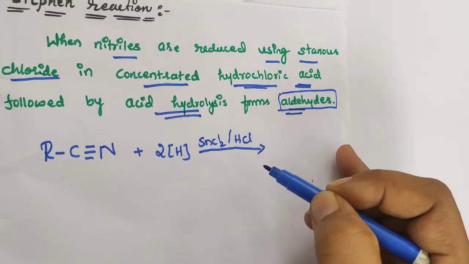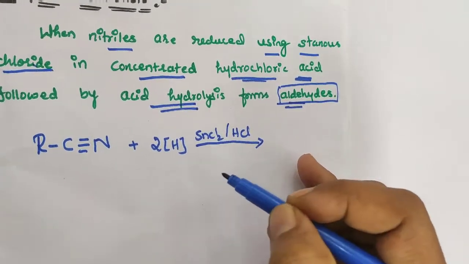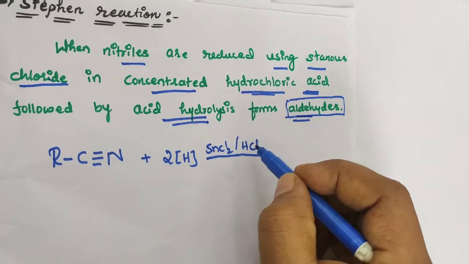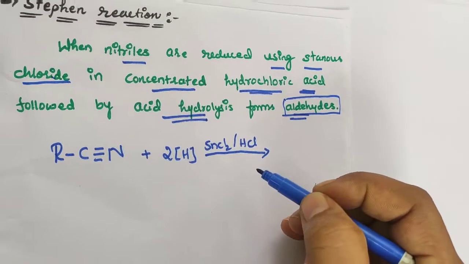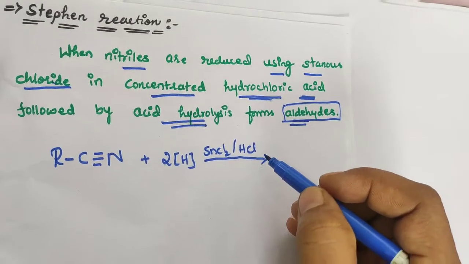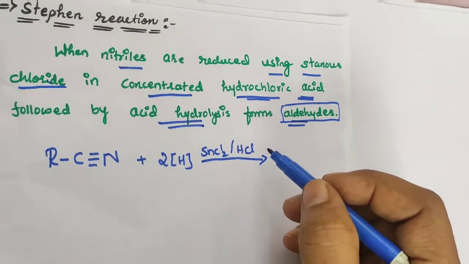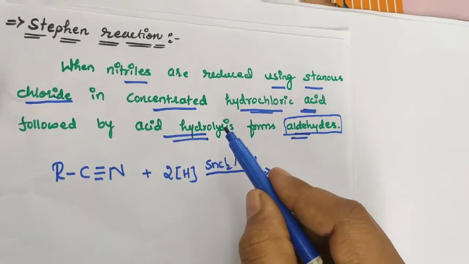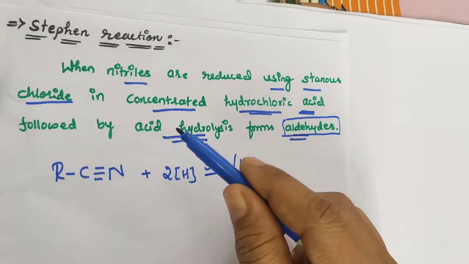When this process is carried out in the presence of non-oxidizing agents like HCl and H2SO4, such a process is known as acid hydrolysis.